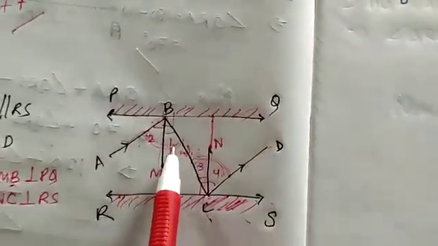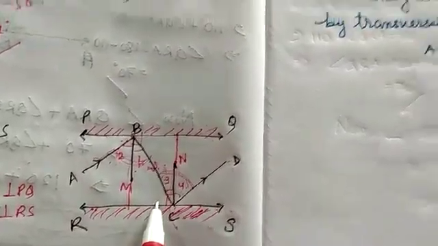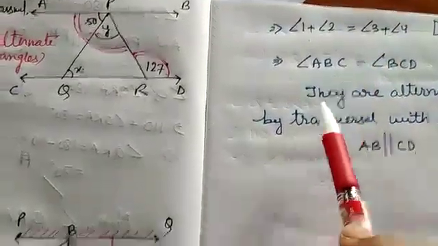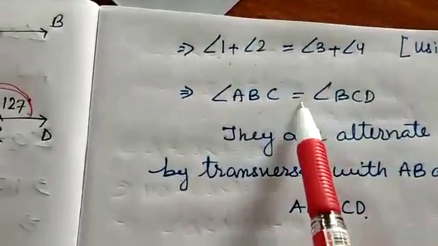And 1 plus 2, that means when these two angles are added, I got angle ABC. Similarly, when these two are added, I got BCD. Now what kind of angles are they? If you look nicely, these angles ABC and BCD are alternate angles and they are equal.